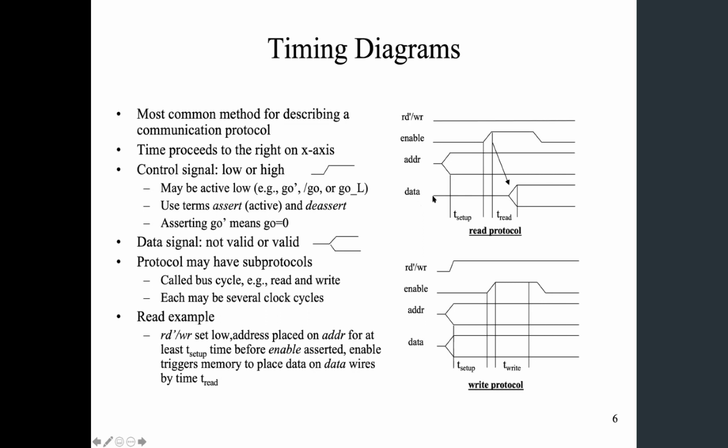Same case for the data. Now we start with some garbage data, but at some point the data will be present on the data bus. So you have the actual value on the data bus, and these will be kept valid for a certain period of time. So what this read protocol is trying to describe, if you want to read, because this is read prime or read bar, this is indicating that read is active low.